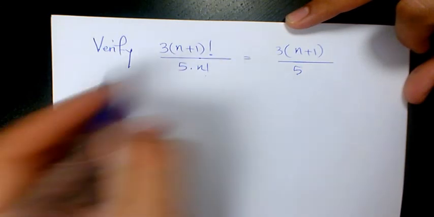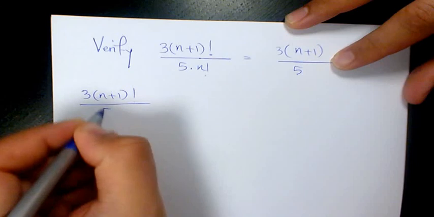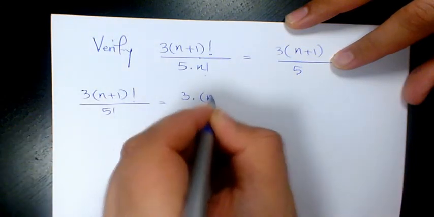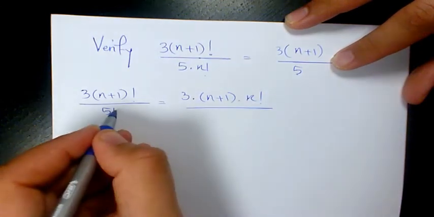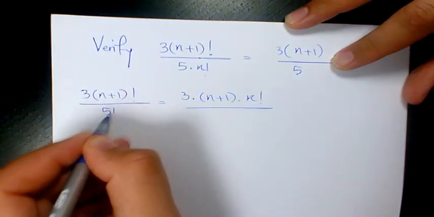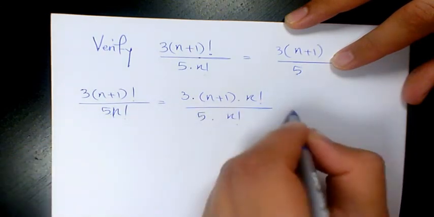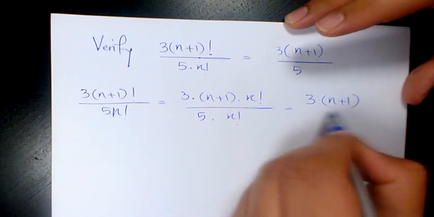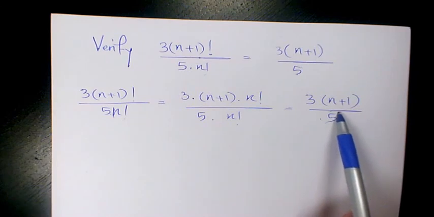So what I'm going to say, 3 times (n plus 1) factorial over 5 times n factorial, I'm going to write this as 3 times (n plus 1) times n factorial, and here I'm going to have 5 times n factorial. So n factorial and n factorial cancel out, and we have 3 times (n plus 1) over 5. So as you see here, this one is proven.